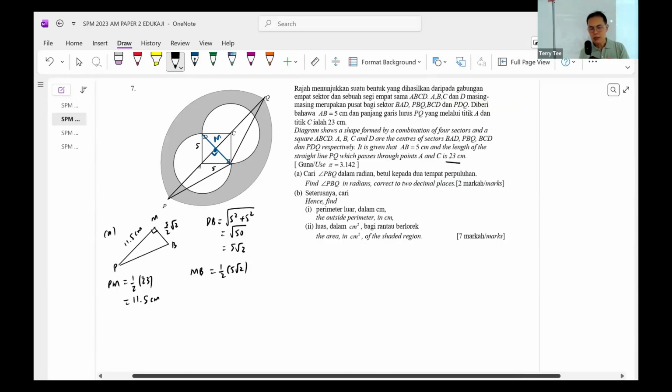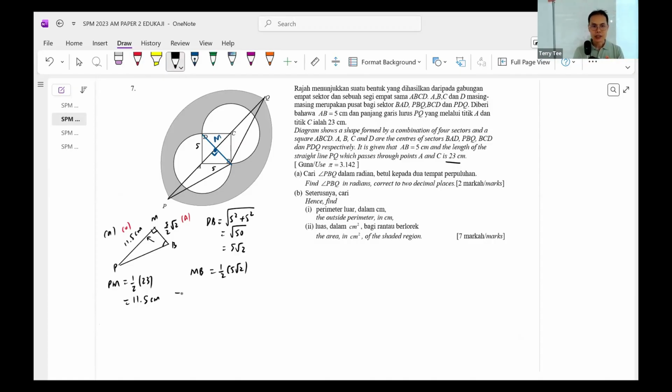Okay, in a triangle, if I know two sides, I can find this angle, PBM. Right? Angle PBM. So, do I use SOH CAH TOA? This is my opposite. Okay, I use a different color. This is your opposite. This is your adjacent. Right?